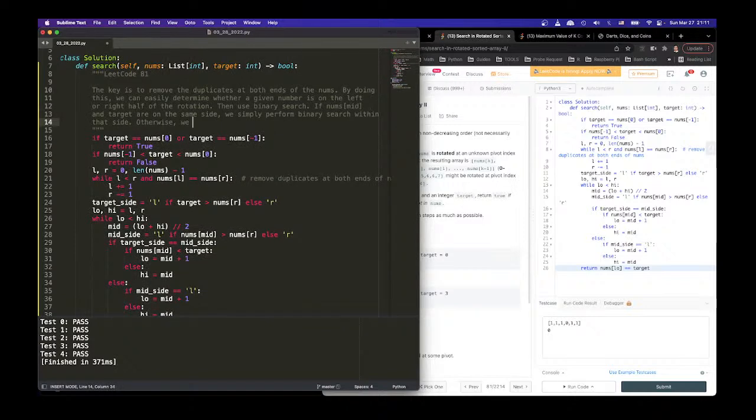Otherwise, we move low or high to approach the current side of the target.